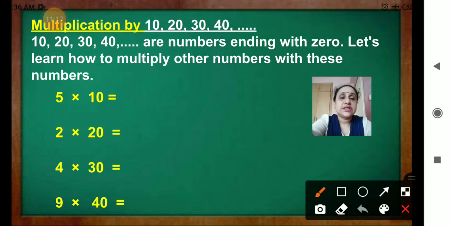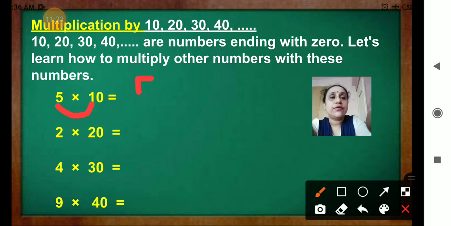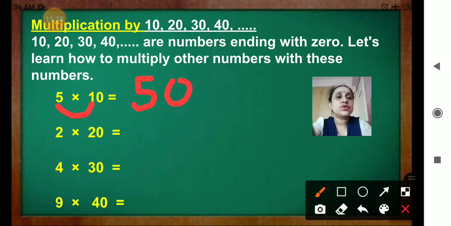So, the first one, 5 tens are. You know what 5 tens are? 50. But how will you do it? See, when it is written horizontally, you can do it like this. First you will do 5 ones are 5. You will write 5. And at the end, 1 zero is there. So you will put 1 zero.